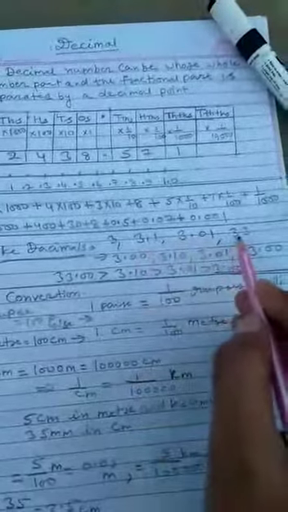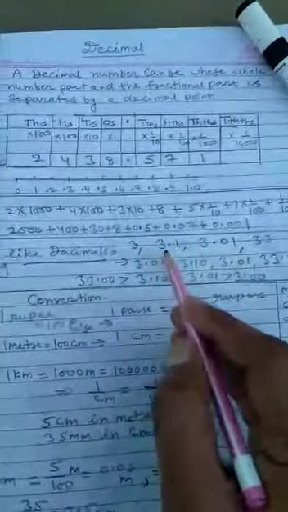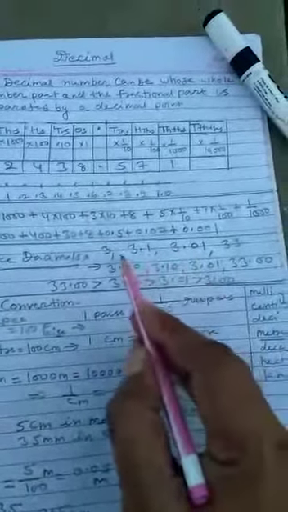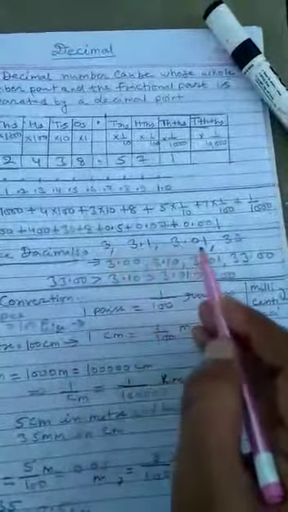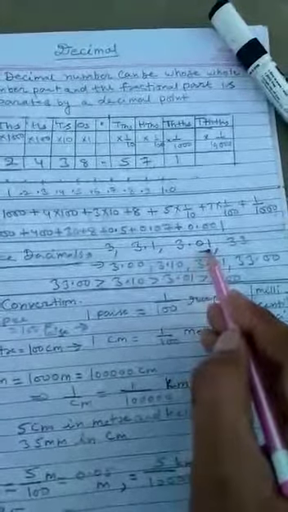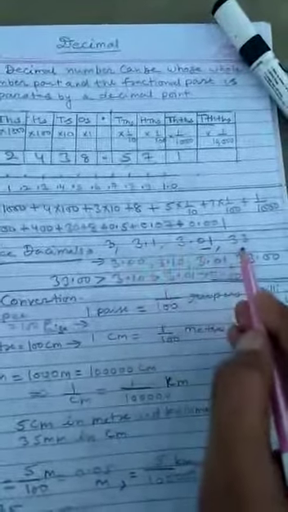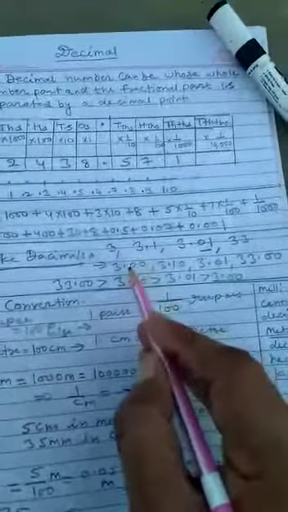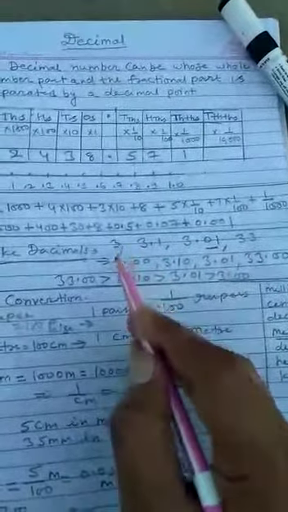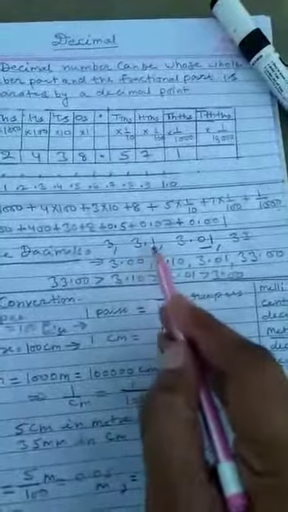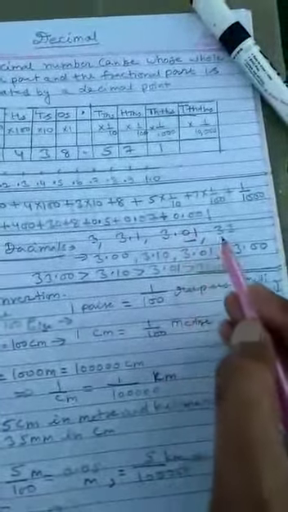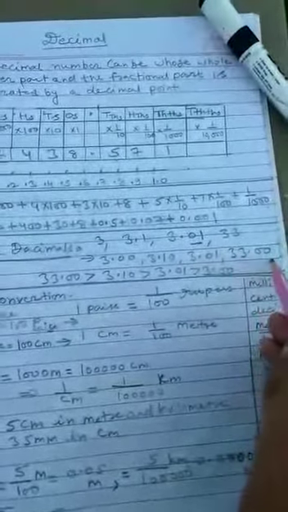To compare these numbers, we make them like decimals. Here, 2 digits after the decimal is the maximum among these numbers, so we put 2 digits after the decimal in all. 3 becomes 3.00, 3.1 becomes 3.10, 3.01 stays as it is, and 33 becomes 33.00.